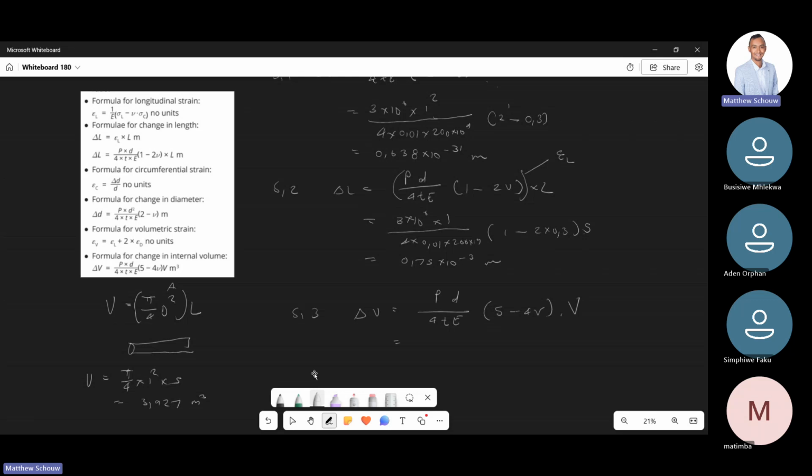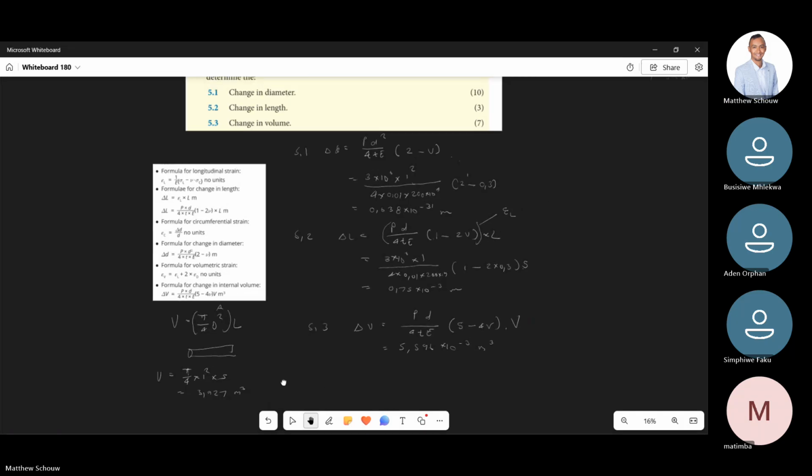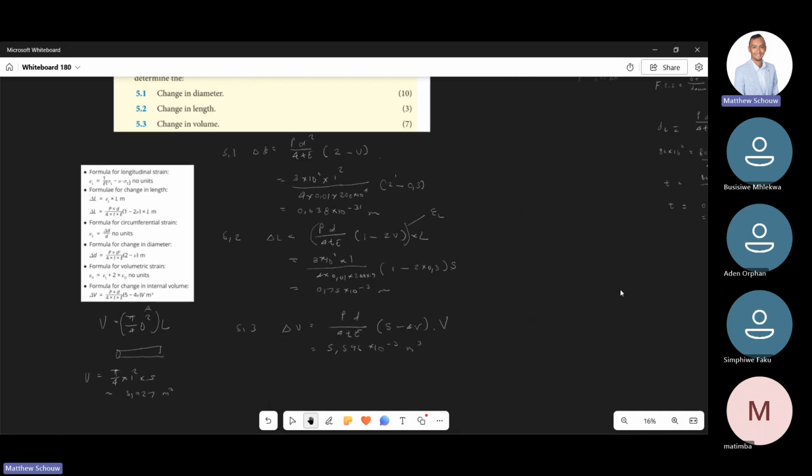Let me just confirm that. Again, 5.596, that's correct, yeah. Times 10 to the power negative 3 meters cubed. That's it, colleagues. Nothing more, nothing less. Is everyone happy with these formulations? Busi, Simpiwe, Matimba? Yes, I'm good, sir.